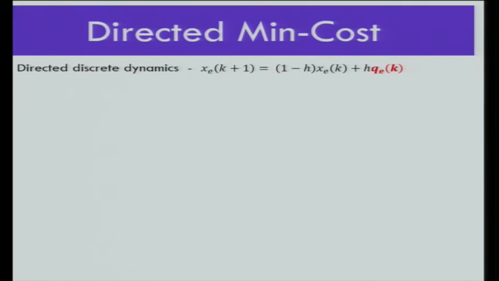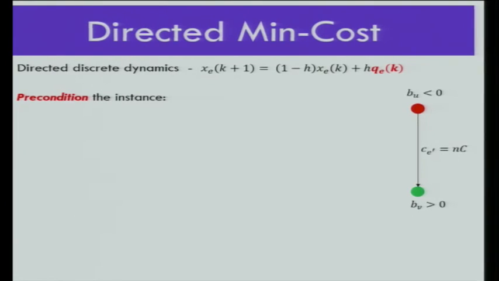So let me recall that here we drop the sign and we go back to this notion of dynamics. So now I'll tell you what the preconditioning does. It looks at pairs of vertices where there is an edge going from one to the other, but the starting point of the edge has a negative demand, and the ending point has a positive demand.